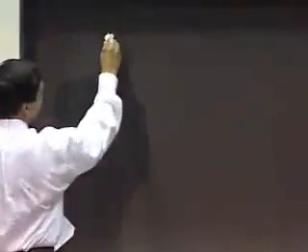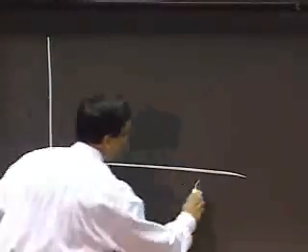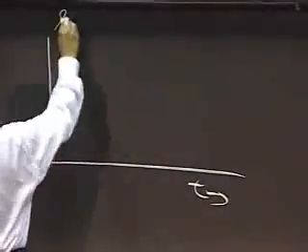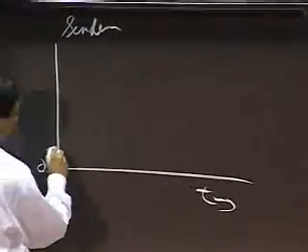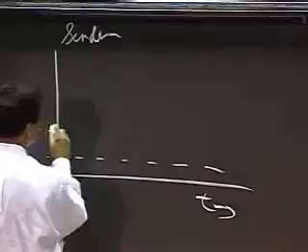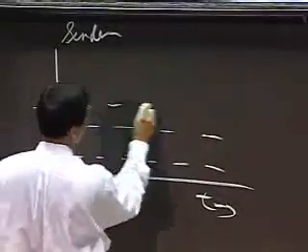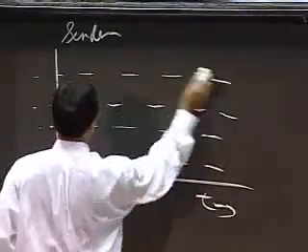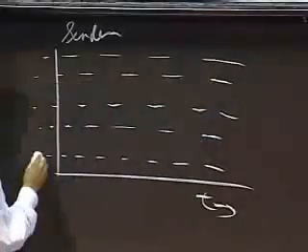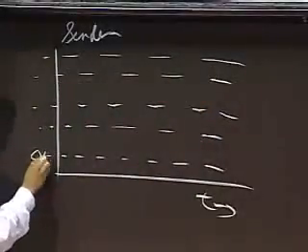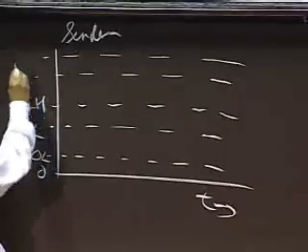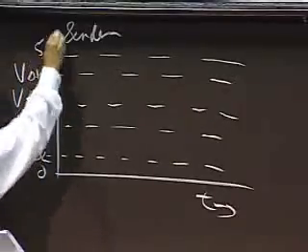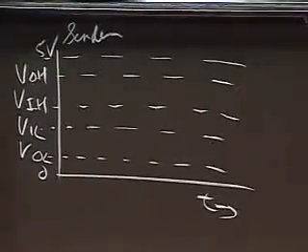So to continue with an example here, I may have the following voltage waveform for a sender. I have some sender here. So I have VOL, VIL, VIH, VOH, and some other high voltage.